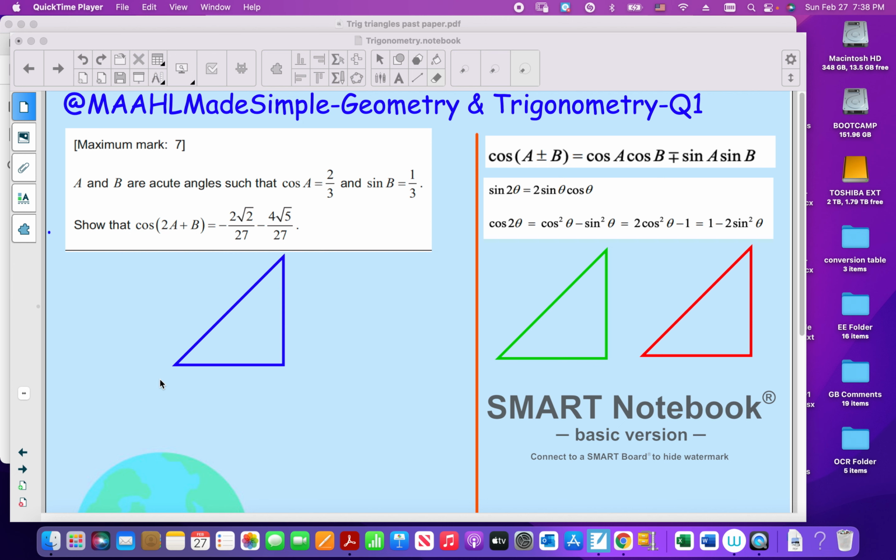We're given cosine A is equal to 2/3, sine B is equal to 1/3, and we were asked to show that cosine(2A + B) is equal to this value.